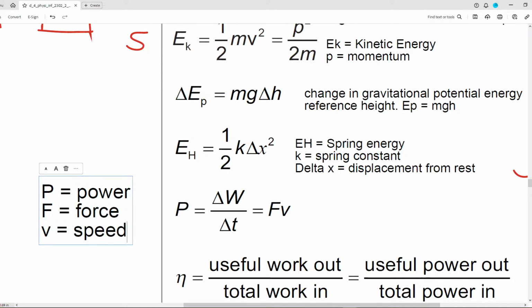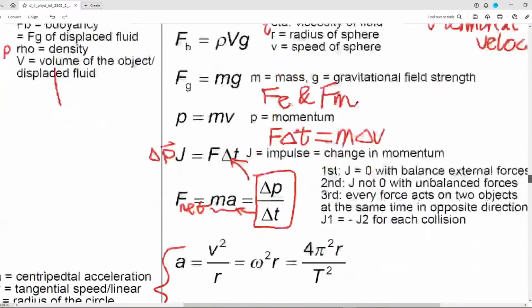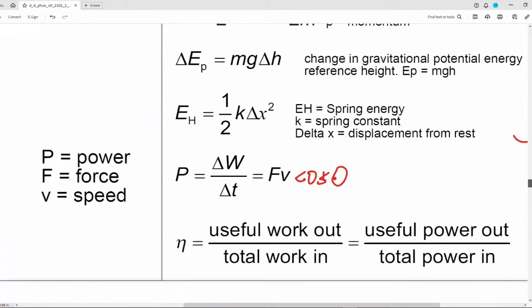Just note that if you want to be accurate, you should have a cos zeta here, just like work here. If you want to be appropriate, that cos theta should be there for you to be completely correct. However, it's usually ignored because we assume the force is doing work in the direction of displacement.